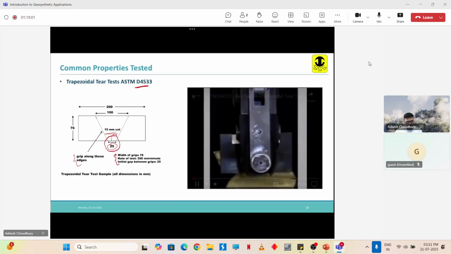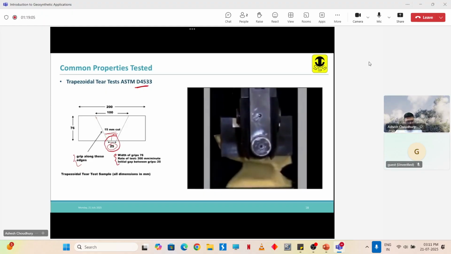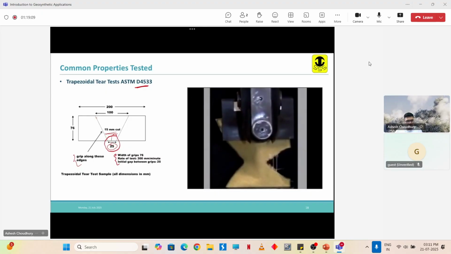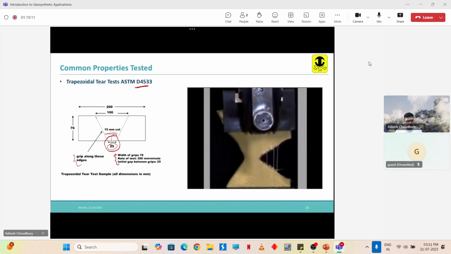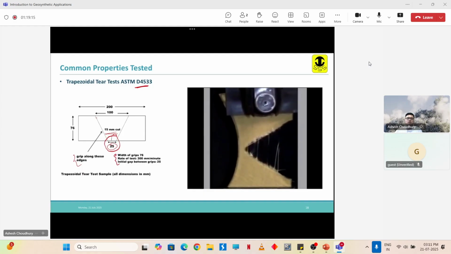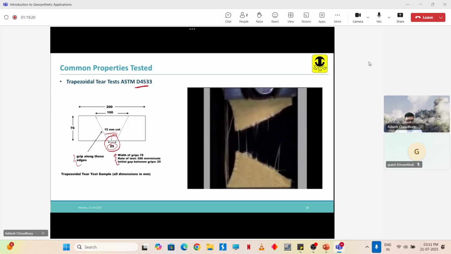Again, let us see. These are the grips that are pulling it apart, and we are just pulling it to tear it up. So this is how the trapezoidal tear test is done.